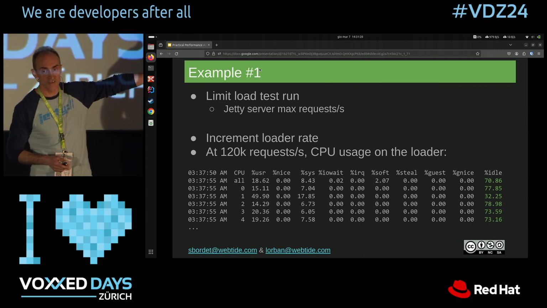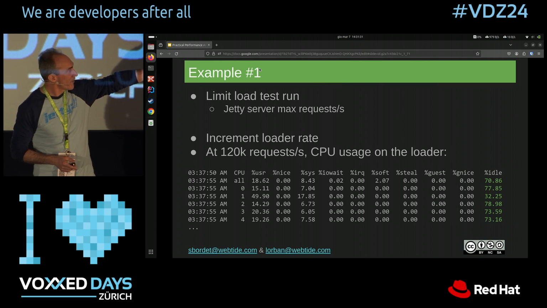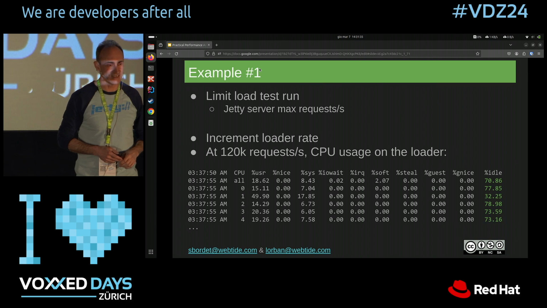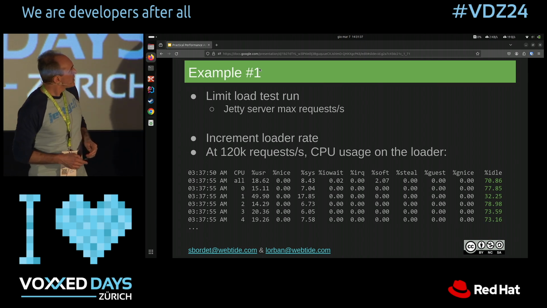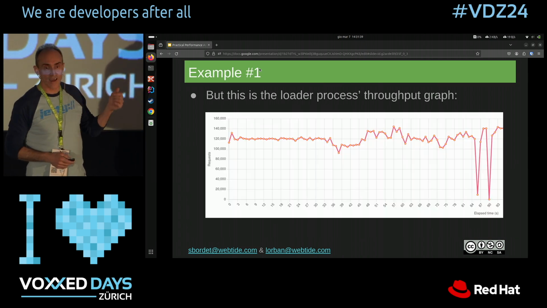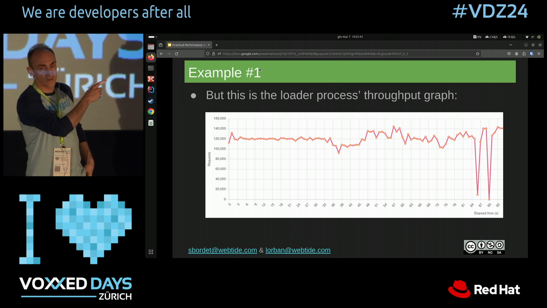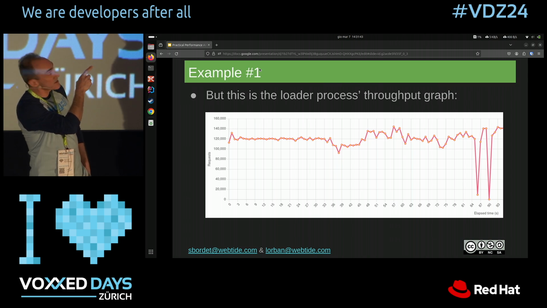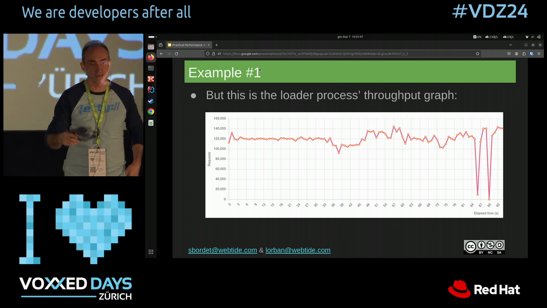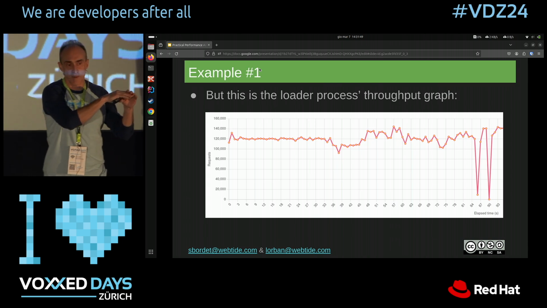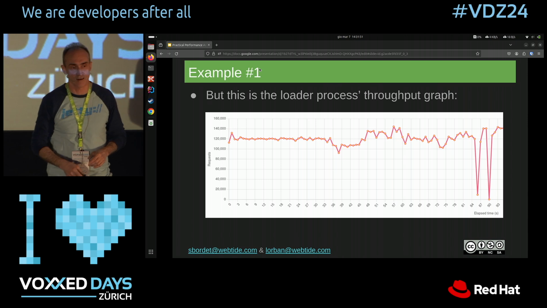However, if you notice, one of the CPUs only has a 30% idle number. Say, oh, that's kind of weird. But then we go to the client and we see the throughput of the client. The client was supposed to send 120,000 requests per second, but as you can see, it's kind of wobbly. I would have expected a totally flat line in there.